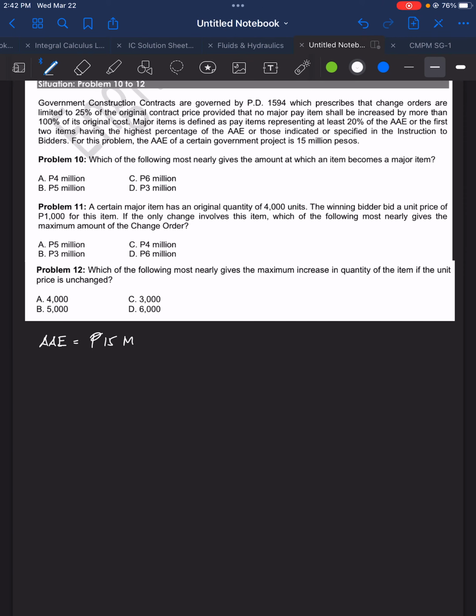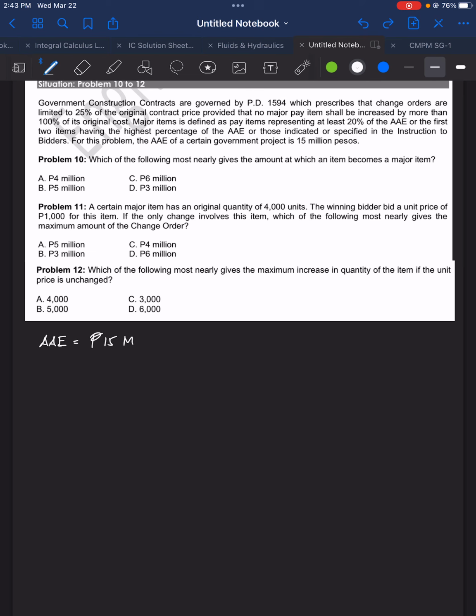Because if this AAE is revealed to the bidders, they will have the chance to edit or recompute their own bids, their own estimates, in their favor. So it is imperative that the AAE, or the approved agency estimate, is hidden from the bidders. Okay?